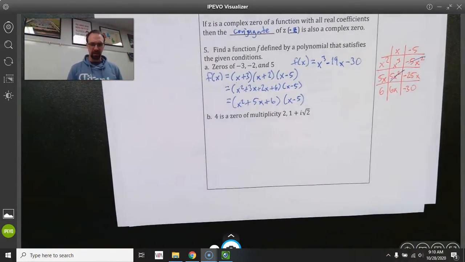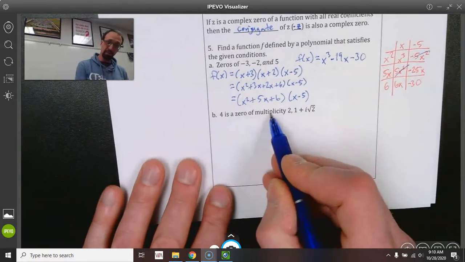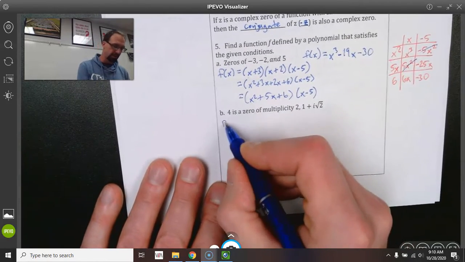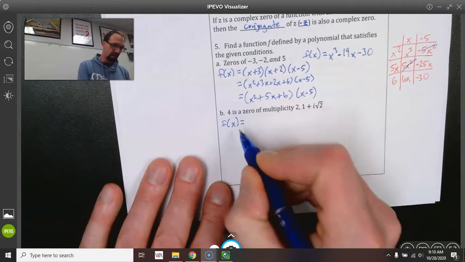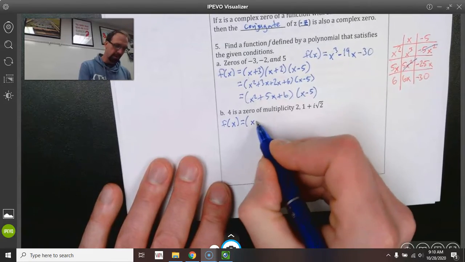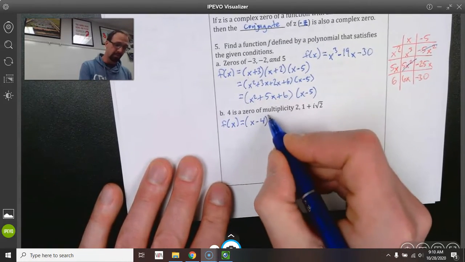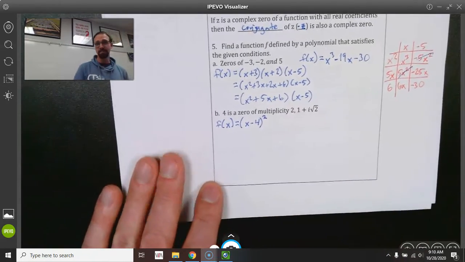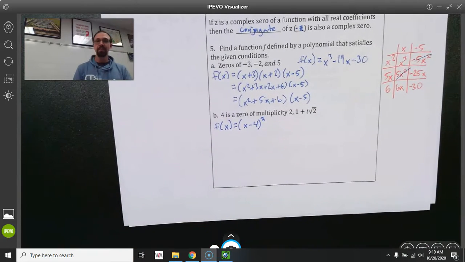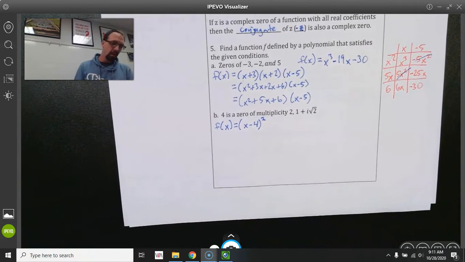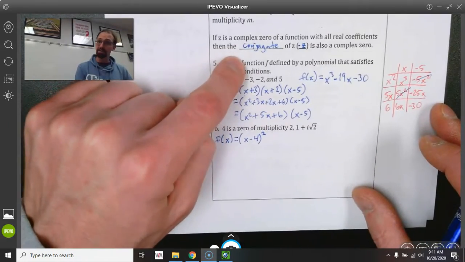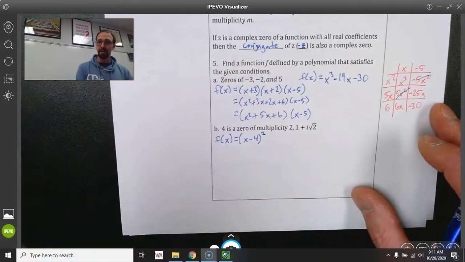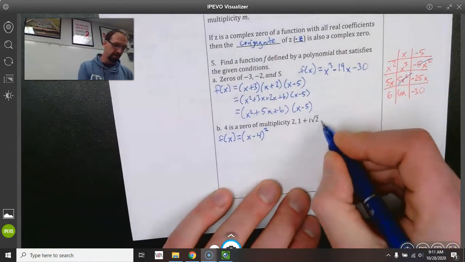B is a little bit trickier because we have a multiplicity. So remember, when we have a multiplicity, what I have here for this one is x minus 4, but because it's a multiplicity of 2, it's going to be squared. So that takes care of the first part. Now the other tricky thing about this is that it has an imaginary number, and we know from what we talked about earlier that it has a conjugate, the opposite of the imaginary part, which is also a 0.